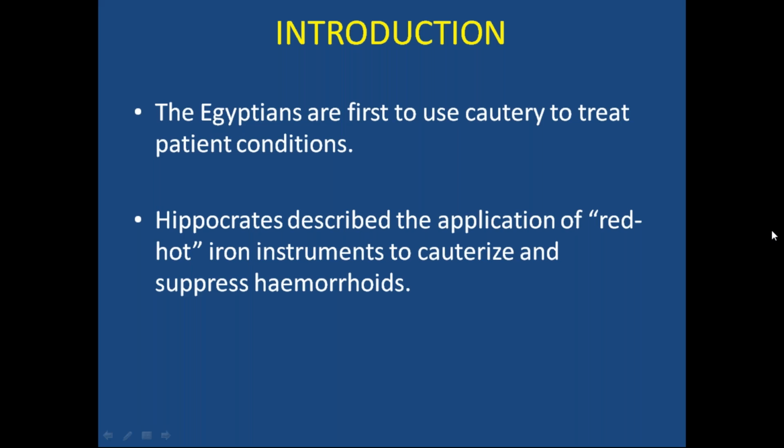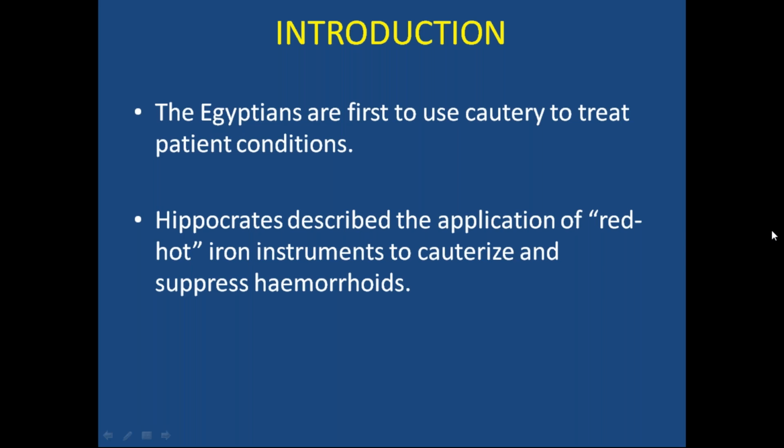So nowadays, in order to conserve the usage of suture material and also to reduce the time of surgery, we go for the usage of electrosurgical devices. So that is the main purpose of diathermy in surgery.